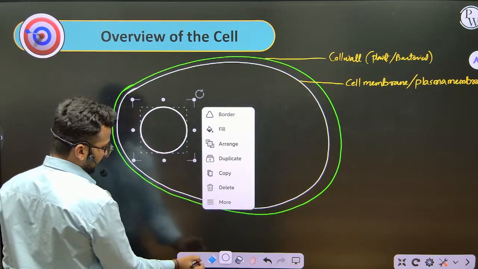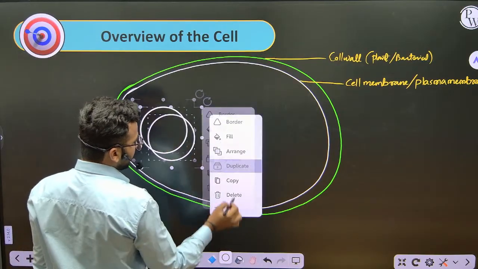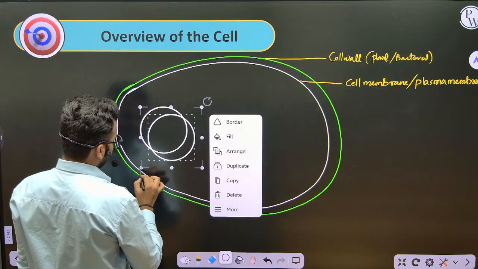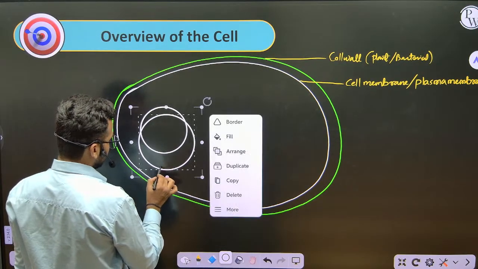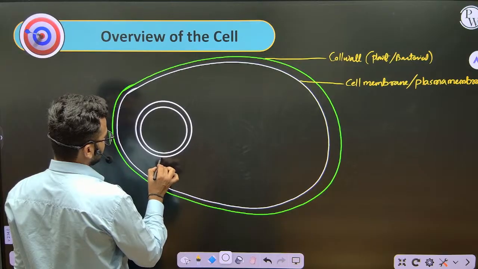It is the nucleus, and outside of this another layer is seen, because the nucleus is a double membrane structure.